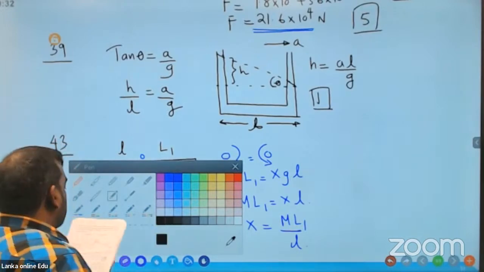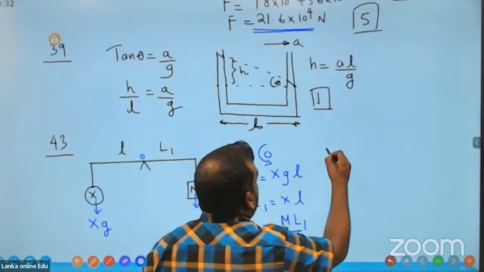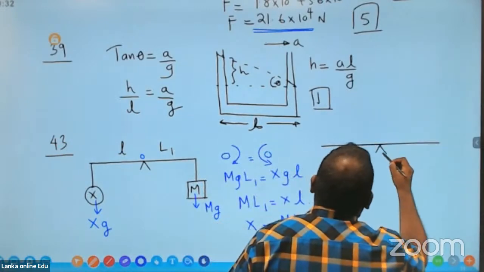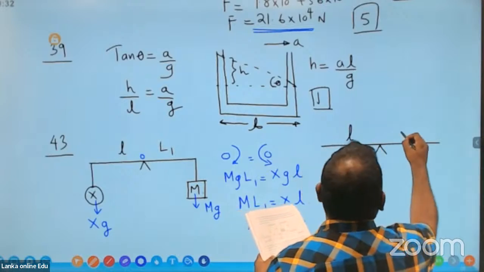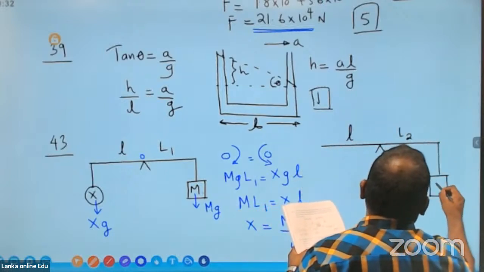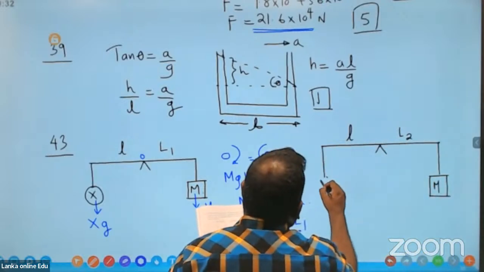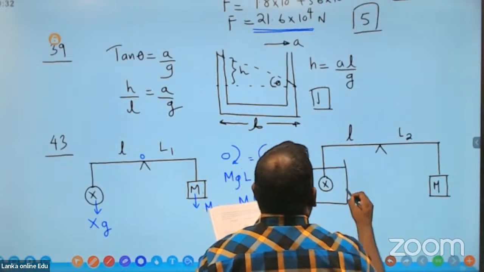Now it's fully immersed in water. So true weight, apparent weight connection. Once you are fully immersed in water, here the length changes. Here capital M is there. Now X is fully immersed in water, density D.